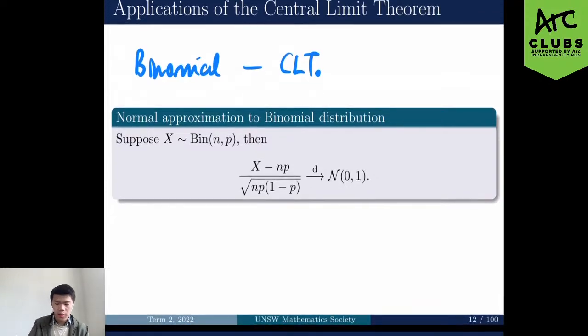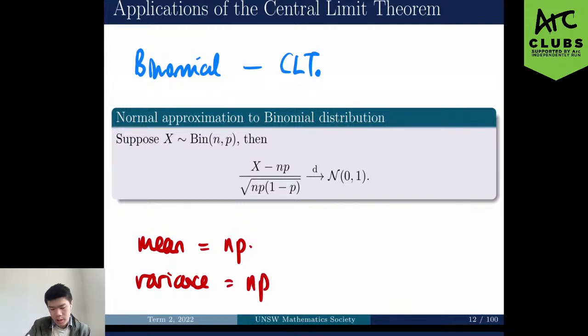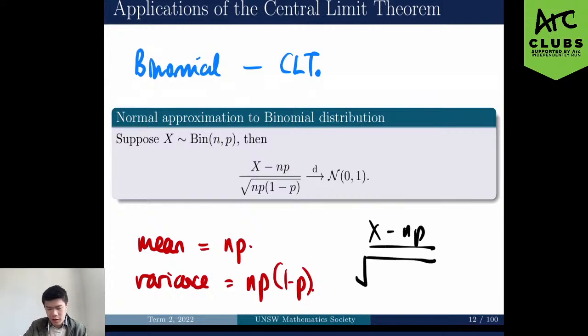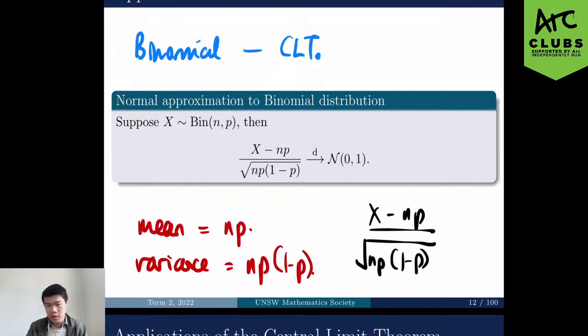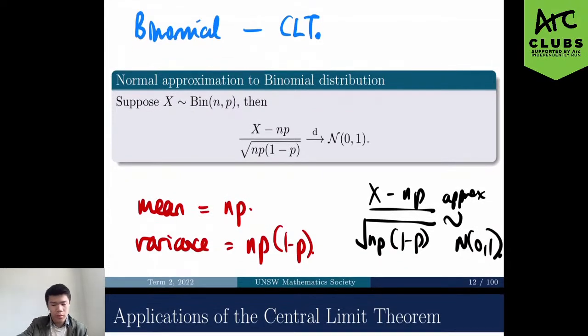And specifically, because we know that the mean of the binomial random variable is equal to np, and the variance is equal to np times (1 minus p), that means we know that (X minus np) divided by the square root of np(1 minus p), which is the standard deviation, is going to be approximately normal. Right, because we're standardizing our random variable. We're subtracting the mean, we're dividing by the SD. Okay, and that's what this says over here.